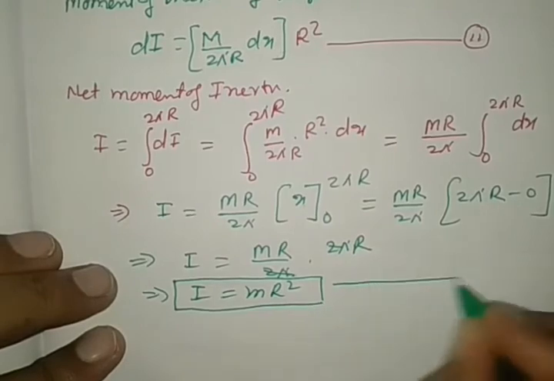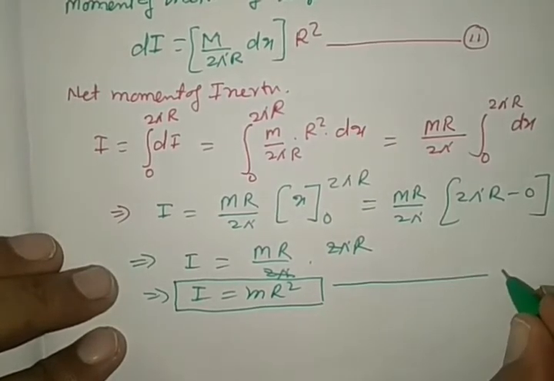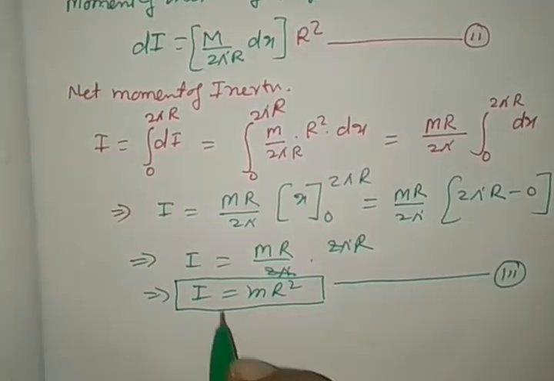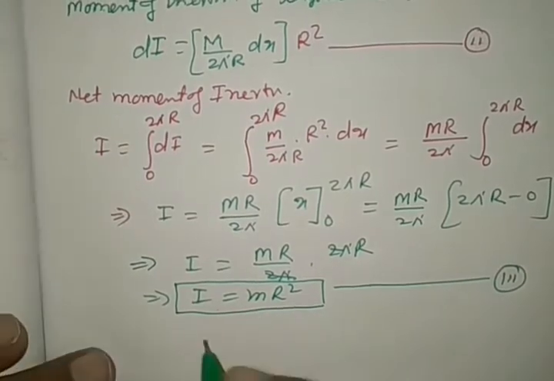See this formula very carefully. Equation 3 represents the moment of inertia of this circular ring.